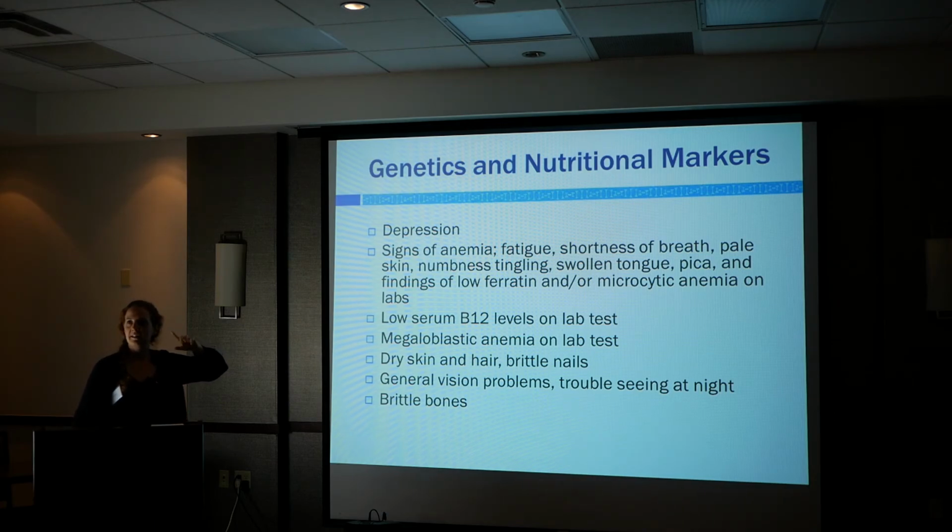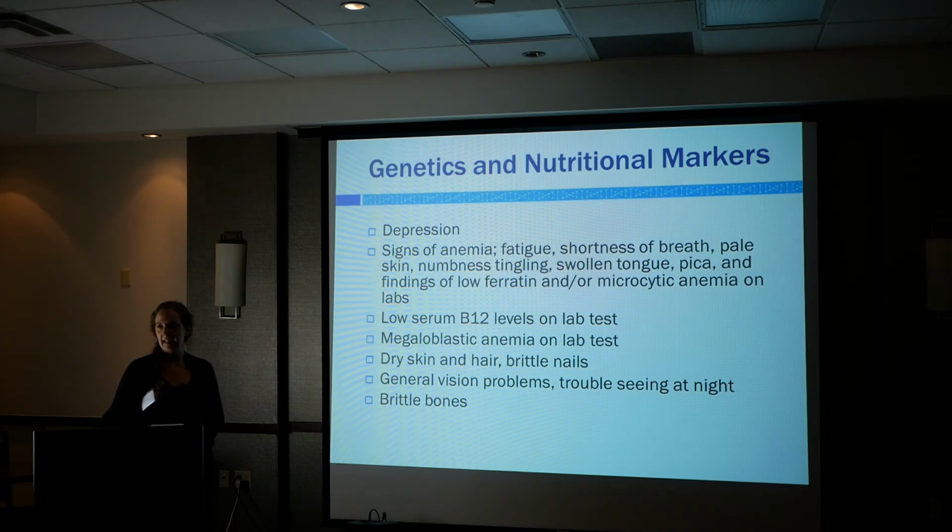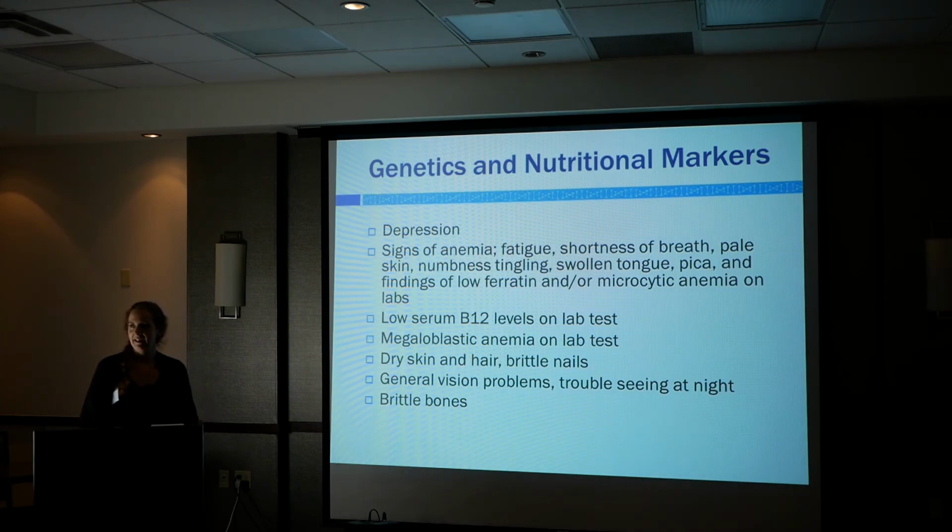Just interesting things like craving ice. If you hear a patient is just eating ice, chewing ice, that is a big indicator of some type of anemia going on. And then just blood levels of these nutrients, like B12. That's when I order routine labs, B12 is a part of my routine lab testing. Dry skin and hair, brittle nails, brittle bones.